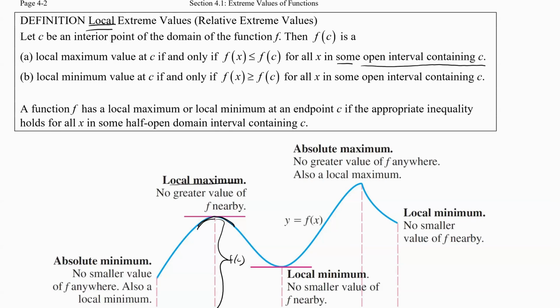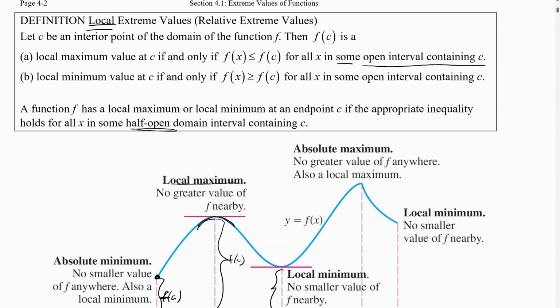Okay, local minimums and local maxes may occur at endpoints. If you're at an endpoint, then you have a half open interval that contains a. Start at a and go someplace forward. Yep, this value, f of a, is smaller than all of the values in that half open interval.